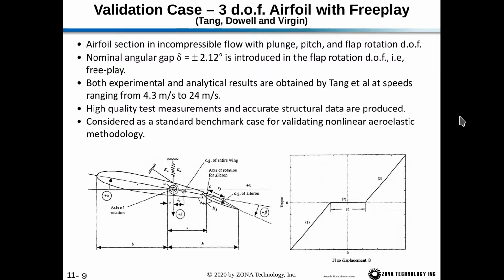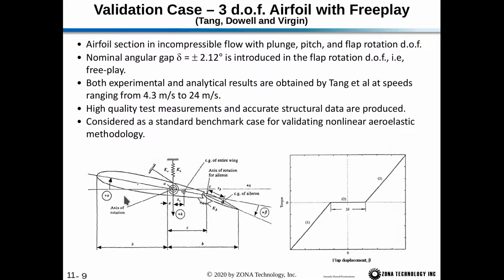Both the experimental and analytical results are obtained by Tang et al. at speeds ranging from 4.3 meters per second to 24 meters per second. And this is high quality test measurements, and they also provide accurate structural data. And this is considered a standard benchmark case for validating the nonlinear aeroelastic methodology.